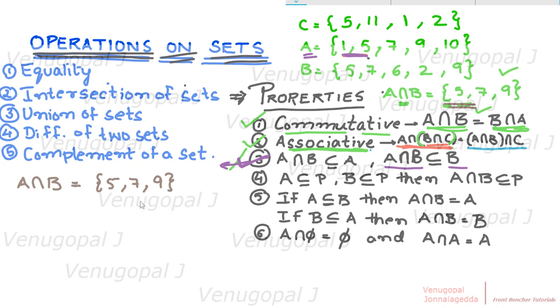Now let's find out if it is a subset of B. See, A intersection B has 3 elements, 5, 7 and 9, which are also present in set B. So A intersection B is definitely a subset of B. By definition, all the elements of this set are present in the set B. That's why it is a true statement.